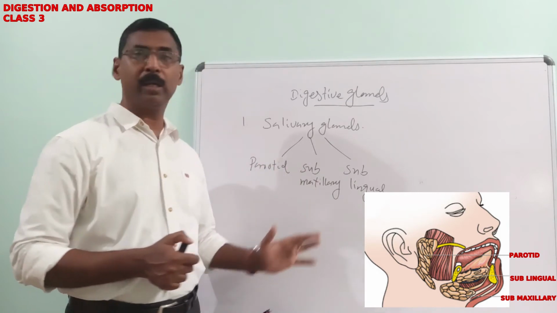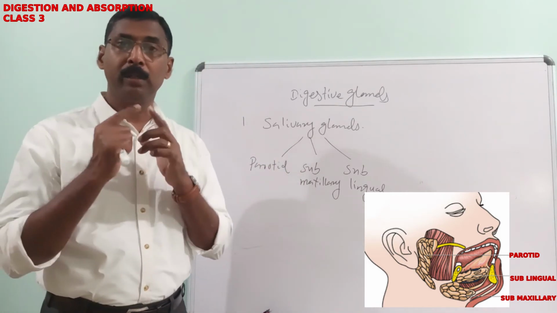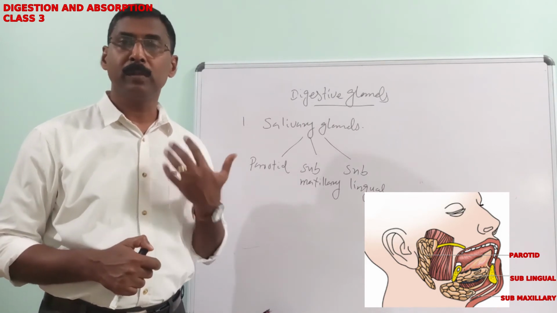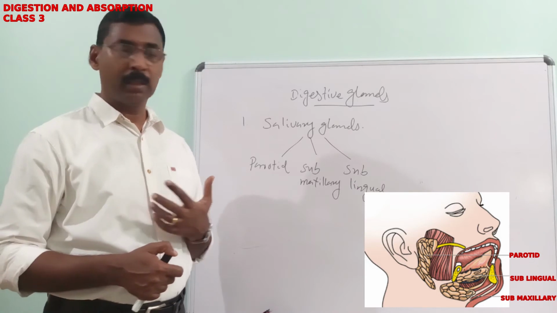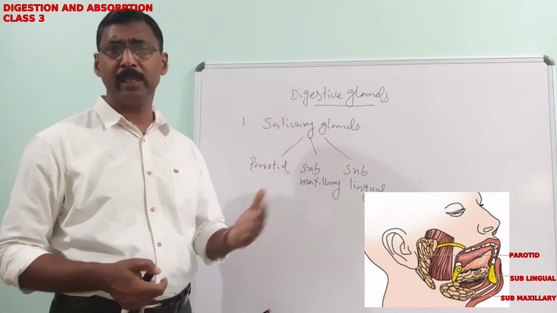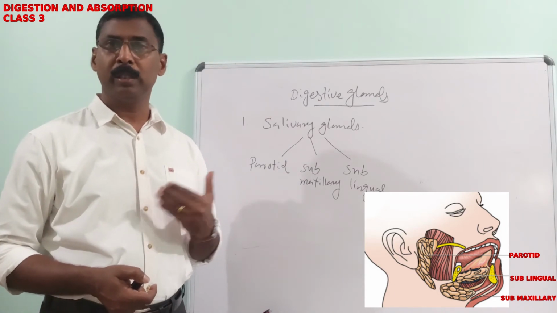And these salivary glands produce saliva and pour the saliva into the buccal cavity during chewing of the food. Saliva contains digestive enzymes and certain other components that we will see later.